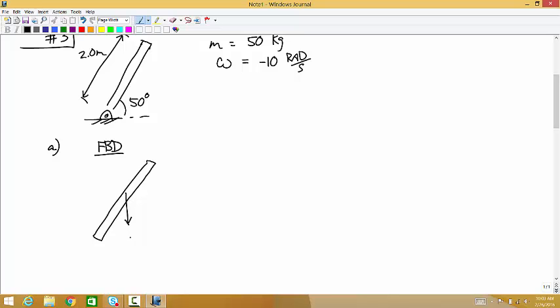And so that's 490.5. And now go around the boundary looking for contact. So where's there contact with the outside world? The pin. A pin joint applies an unknown force vector. So call that R. And let's put the coordinate system at the pin.